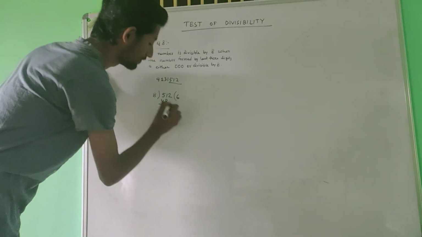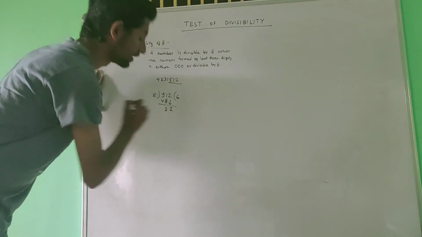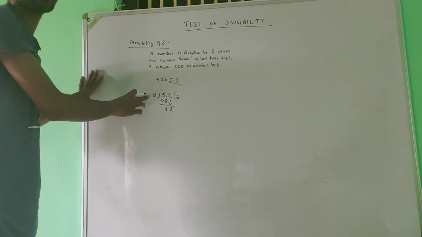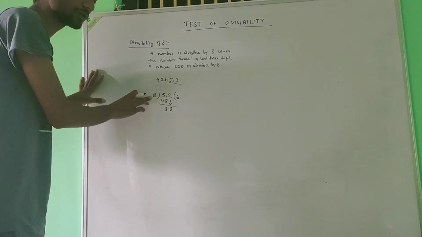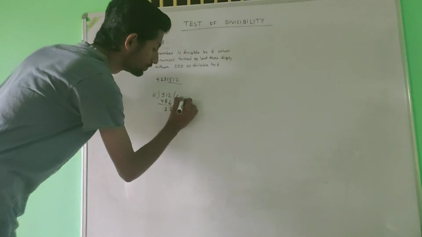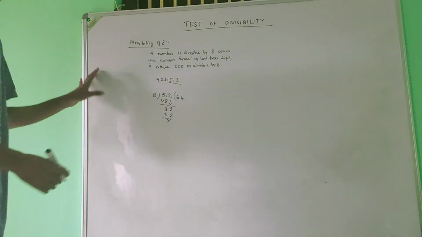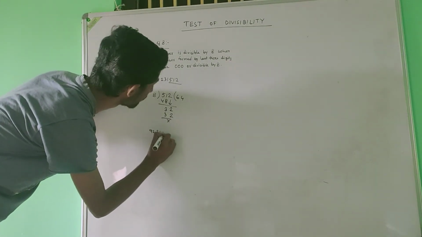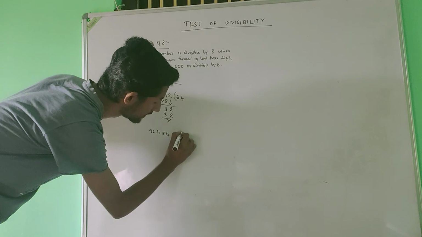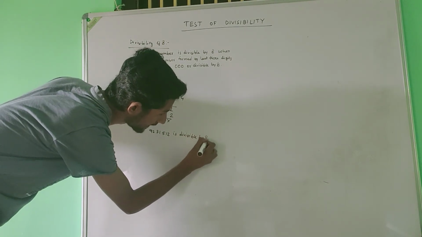So 48, subtract, then we get 3 and 2 comes down, then 32. 8 ones are 8, 8 twos are 16, 8 threes are 24, 8 fours are 32. So it is divisible by 8. So the whole number 9231512 is divisible by 8.